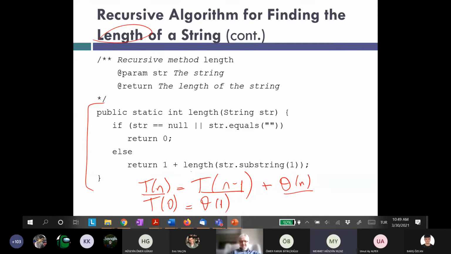Sir, what would happen if there are two length functions? If there are more than one recursive calls, right?